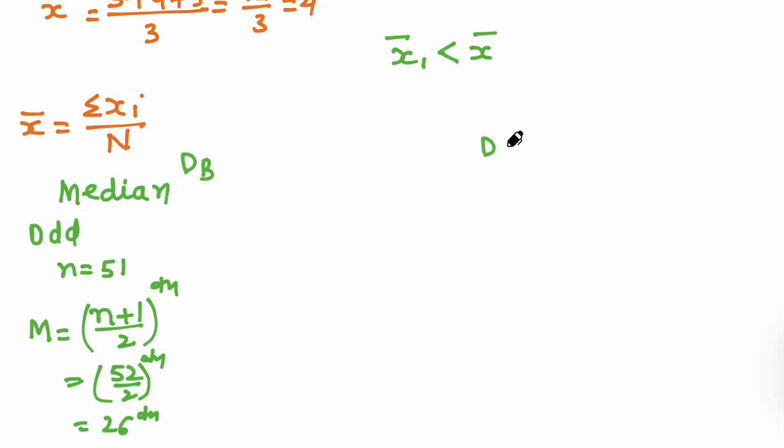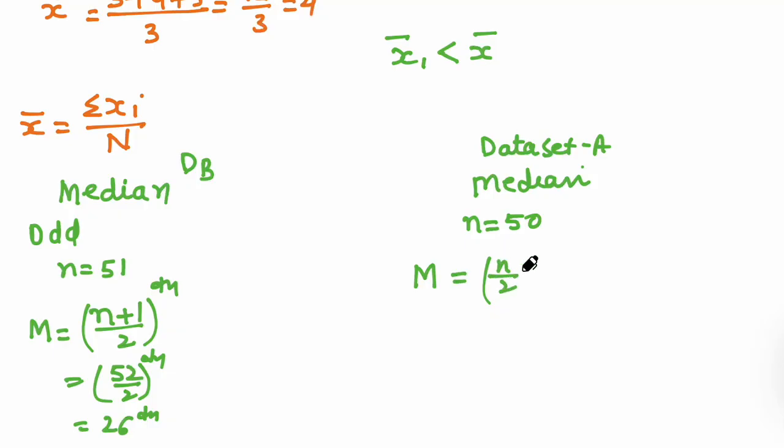Now if I go with dataset A, we have to calculate the median where the number of observations is even, which is 50. In that case, when the number of observations is even, we use the formula: the n by 2th observation plus the (n by 2 plus 1)th observation, the mean of these two observations.